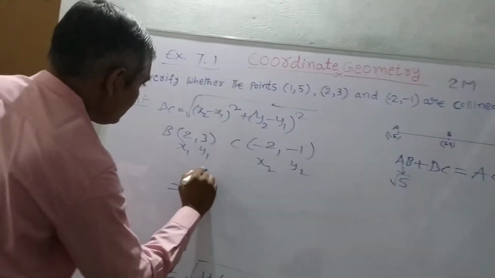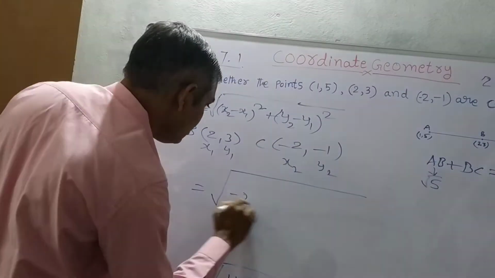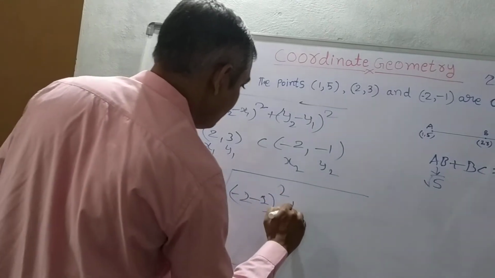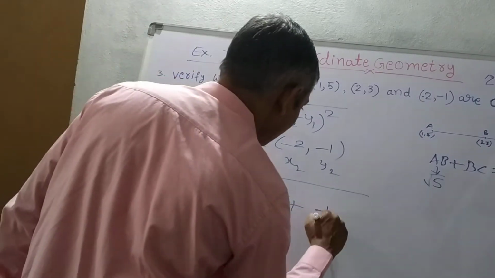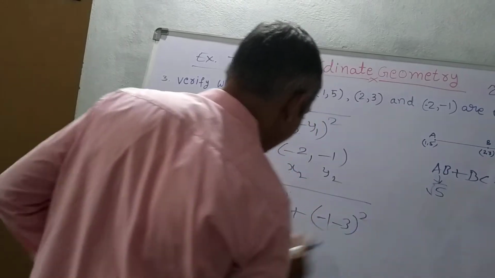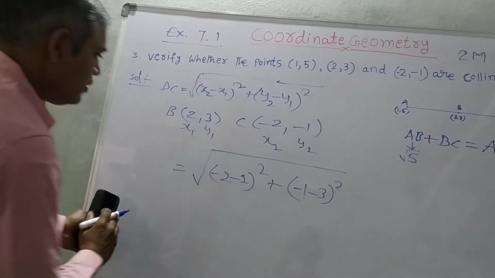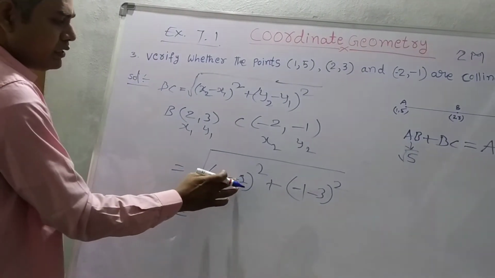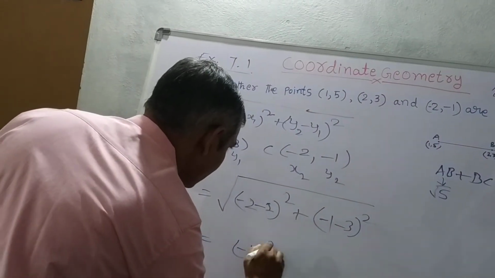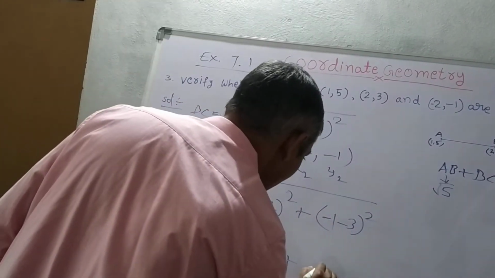The formula is under root x2 minus x1. Here x2 is minus 2, minus x1 which is 2, whole square, plus y2 minus y1, 3 minus 3, whole square. Minus 2 minus 2, the symbol is the same, negative symbol, that's why minus 4 whole square, plus y2 minus y1, minus 1 minus 3, here also minus 4.